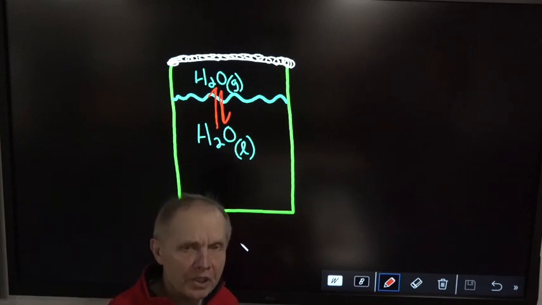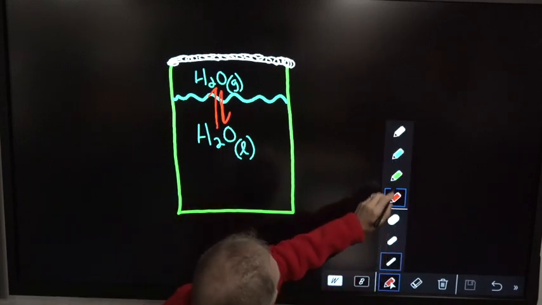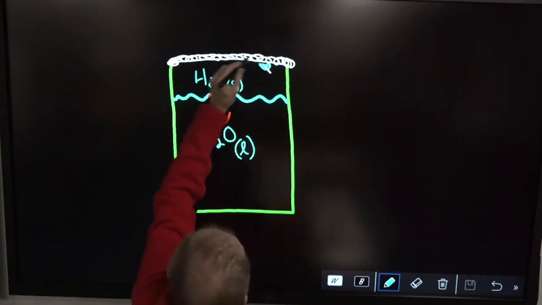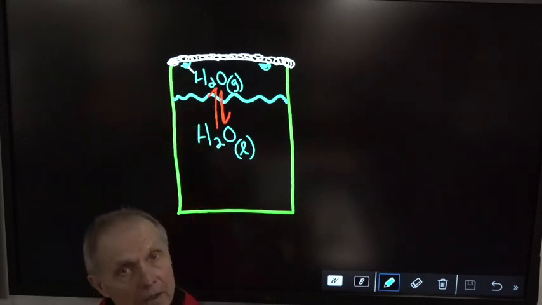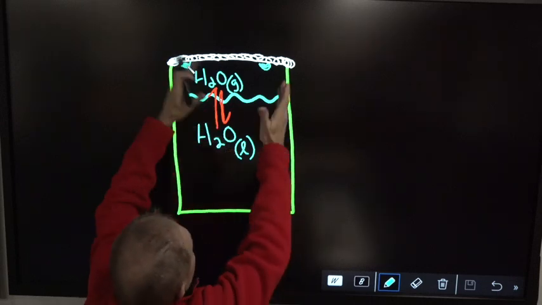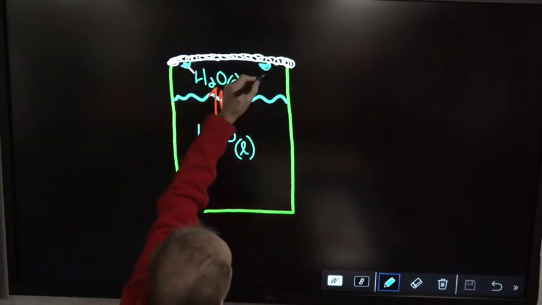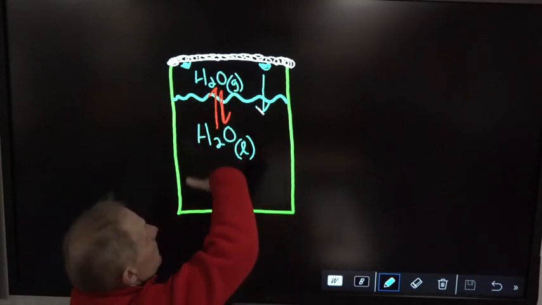And what you will see is you will start to see little drops of water forming on the bottom of the saran wrap. Little drops of water. And what's going to happen is, as the water evaporates and forms these drops, the drops will drop back down. And it will continue going like that.